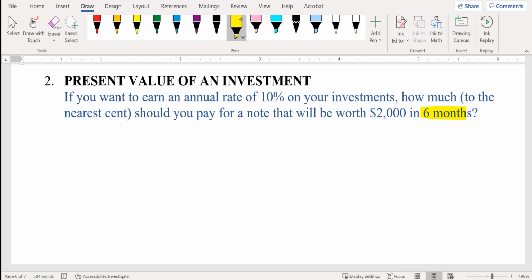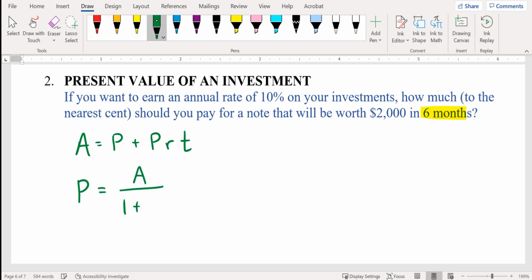So if you'll remember, our amount was equal to P plus PRT. If you want 2,000 in 6 months, you're actually solving for P. So we had a formula that P equals A over 1 plus RT.